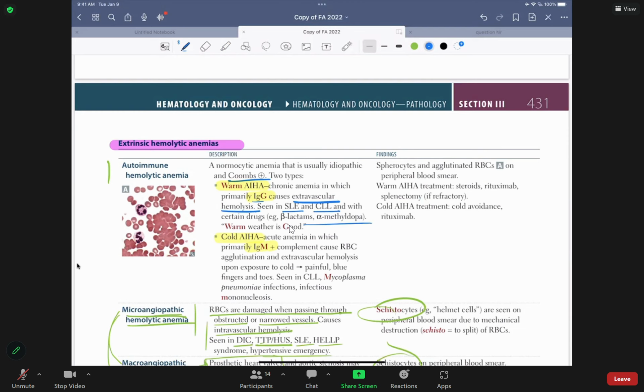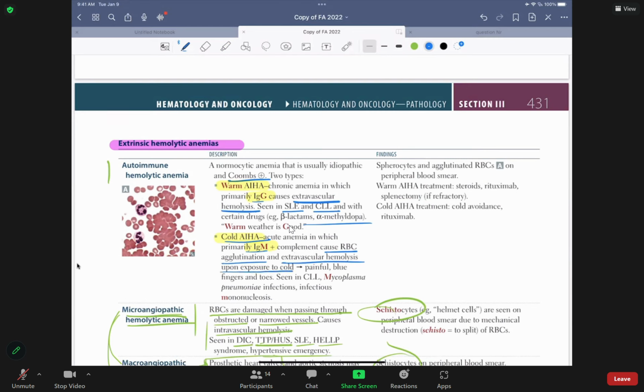Now, you don't have to memorize everything by heart here. All you need to know about autoimmune is more important than remembering what antibody for that. IgG for warm and IgM for cold. If you look at the cold IgM, there is red cell agglutination, and then there's extravascular hemolysis.